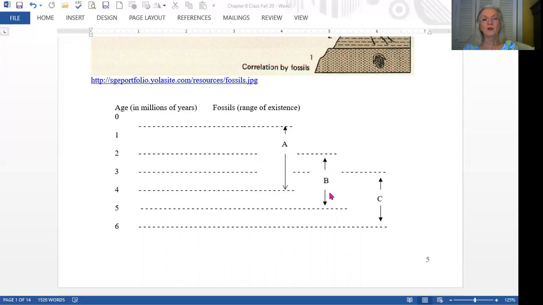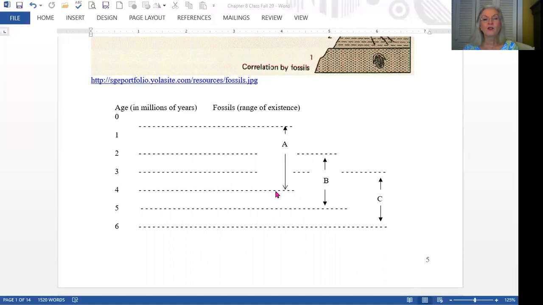What we need to do is find the time where all 3 were alive at the same time. If we look at the diagram, were they all 3 alive 6 million years ago? No. A and B were not. Were they all 3 alive 5 million years ago? Well, no. B was alive and C was alive, but A wasn't here yet.